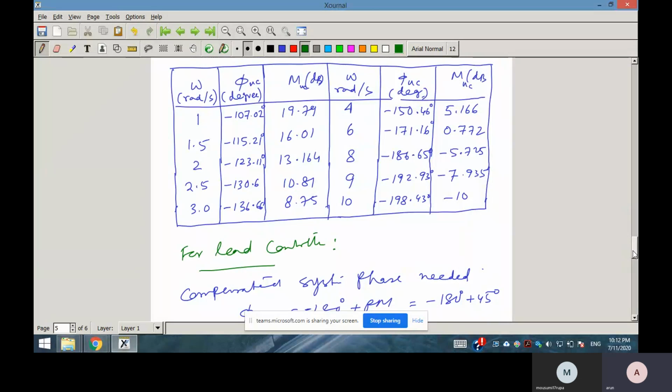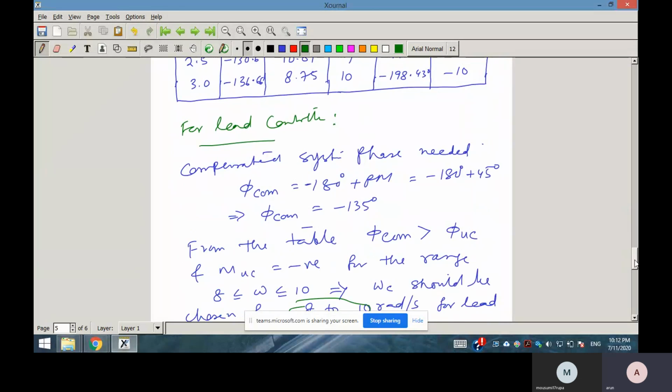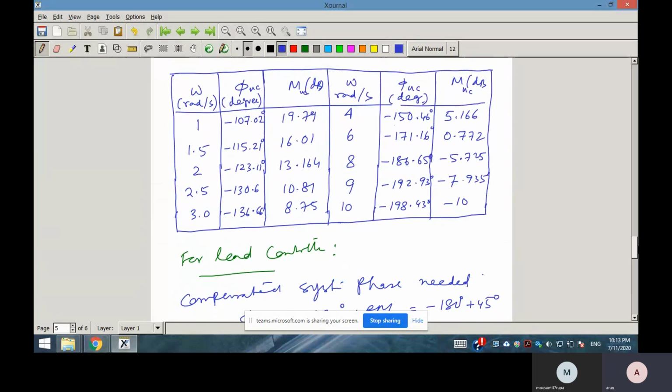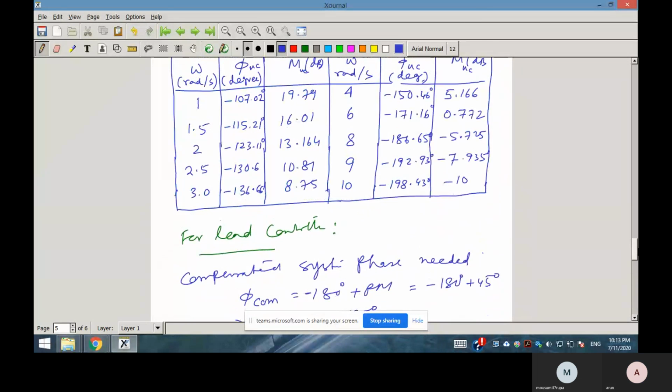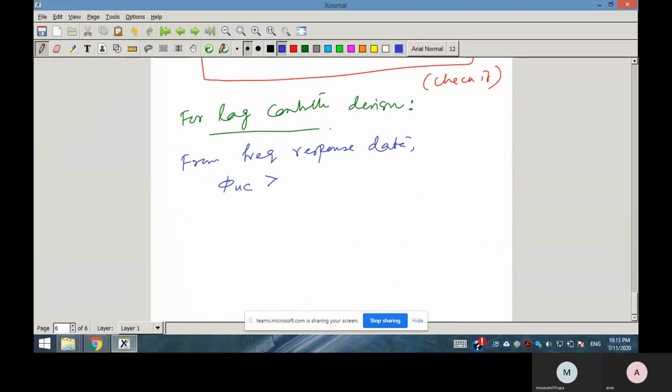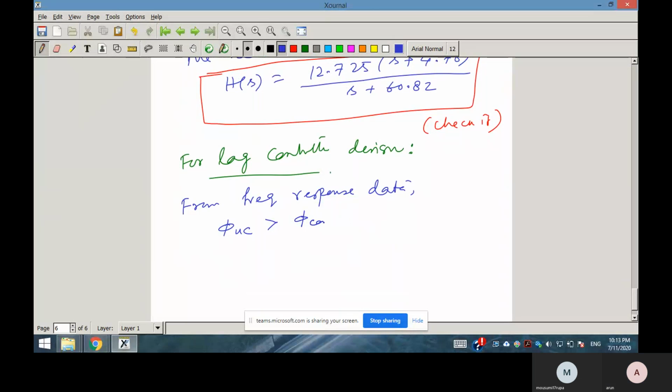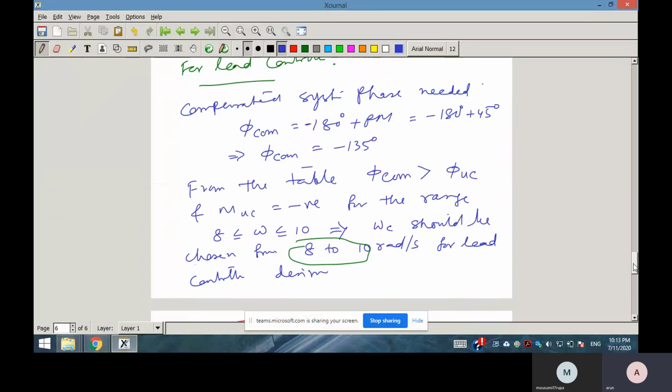So from the frequency response data, you write: phi UC is more than phi compensated, so this is your phi com.